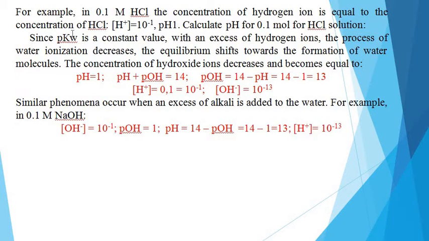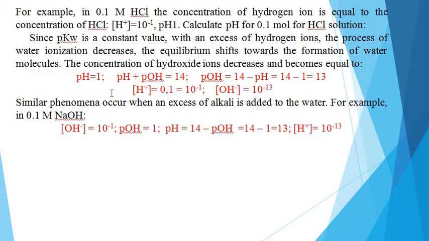Since the index of the constant of autoprotolysis is a constant value, with an excess of hydrogen ions the process of water ionization decreases, and the equilibrium shifts towards the formation of water molecules. The concentration of hydroxide ions decreases.